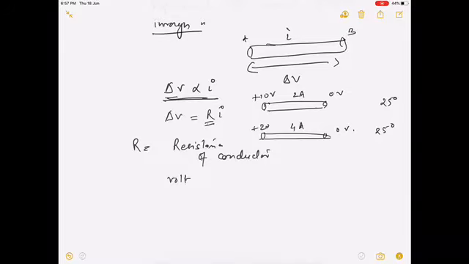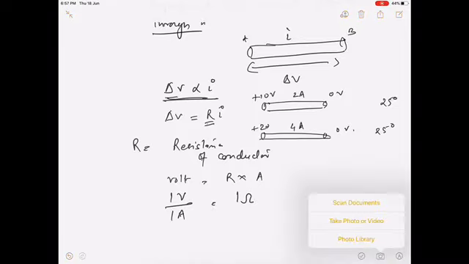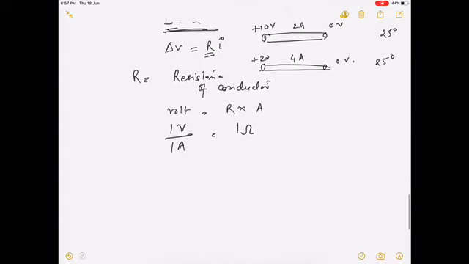So R is the resistance, and if we write in the unit form, then V is in volt, R into I is in ampere. So 1 volt upon 1 ampere is equal to 1 ohm. Okay, the unit of resistance is ohm, and in symbolic form it is written like this. This is the symbol for ohms.